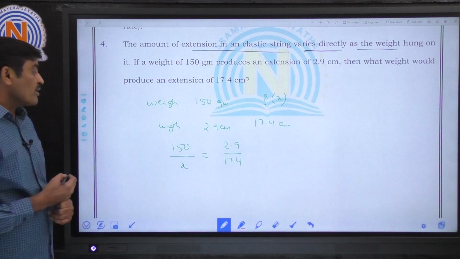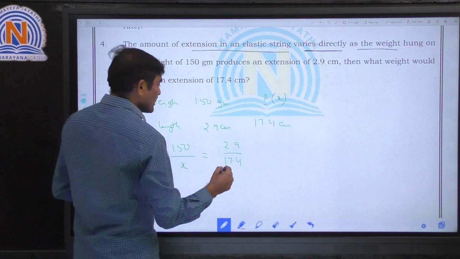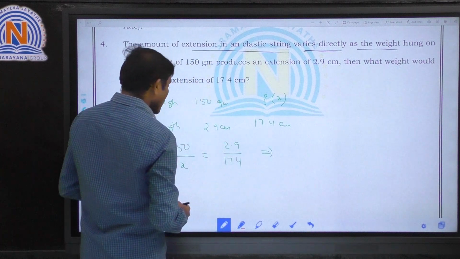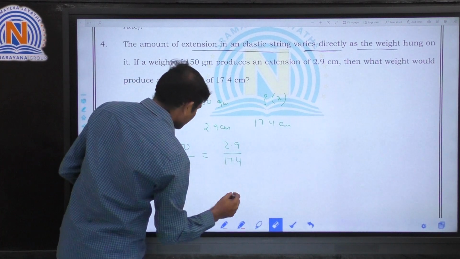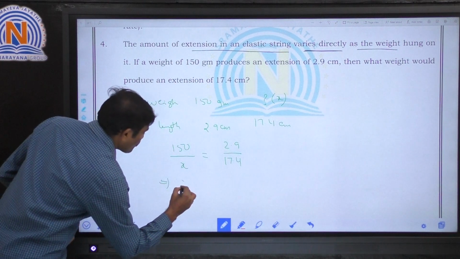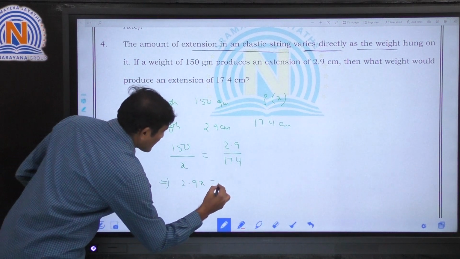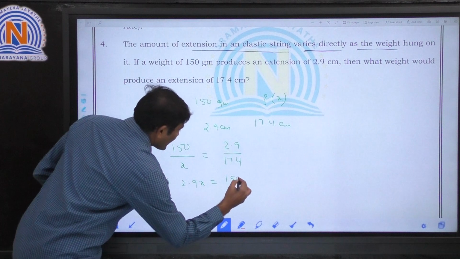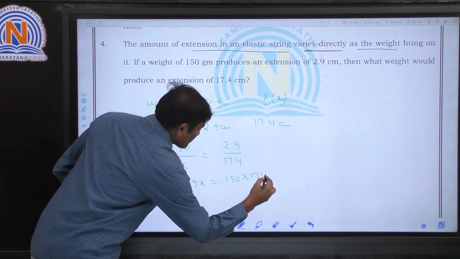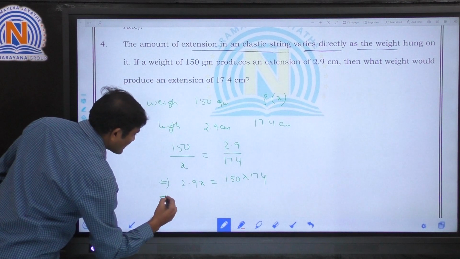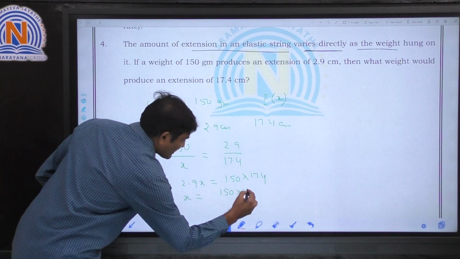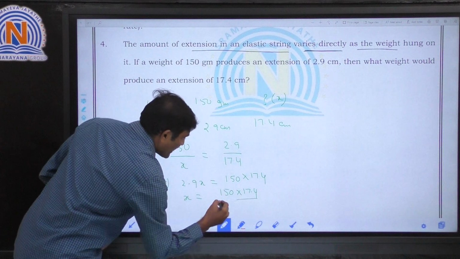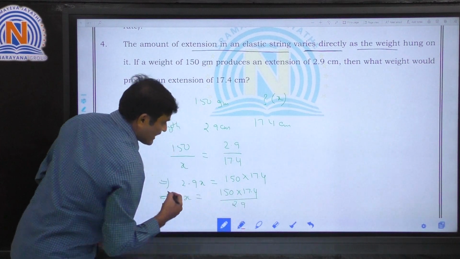While doing the cross multiplication, 2.9x is equal to 150 into 17.4, which implies x is equal to 150 into 17.4 by 2.9.